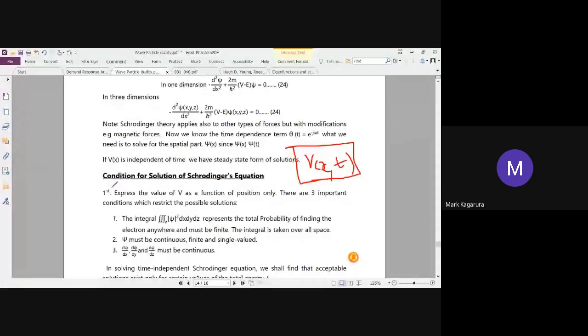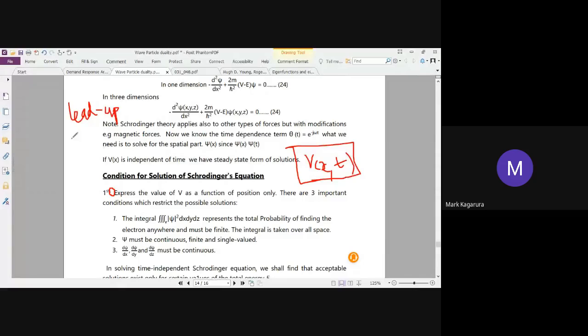We are going to look at conditions of Schrodinger's equation. One thing to emphasize is that Schrodinger didn't just have this equation, and we have also not been saying we're having a lead up to the Schrodinger equation, but sometimes you might be asked to derive it.